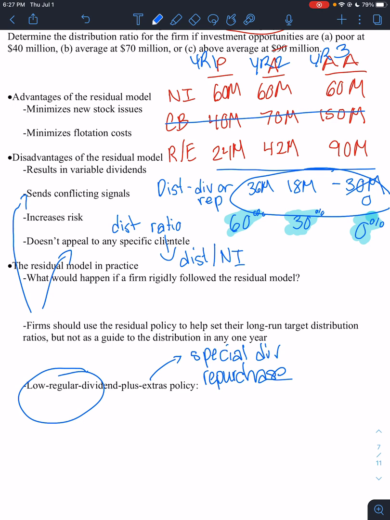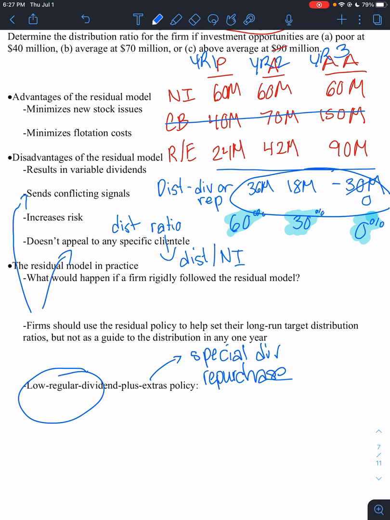Studies have shown special dividends, while there's a signal sent to investors when firms increase their normal dividend, and there's also a signal when they cut it, investors understand that when firms declare a special dividend, it is special. And so they don't bake it into their expectations of the future. They see it as just a one-time, oh, that's nice, the firm did extra well this year.